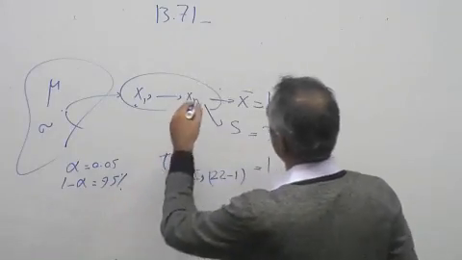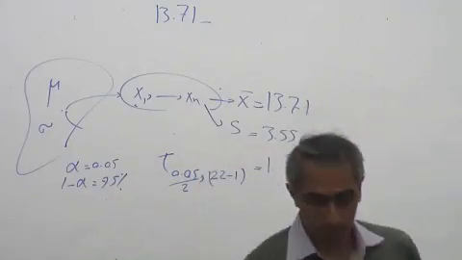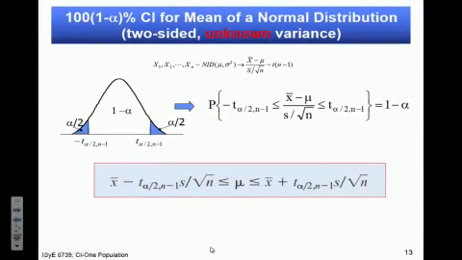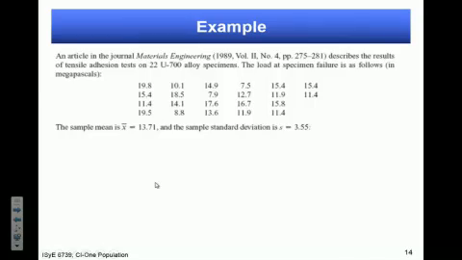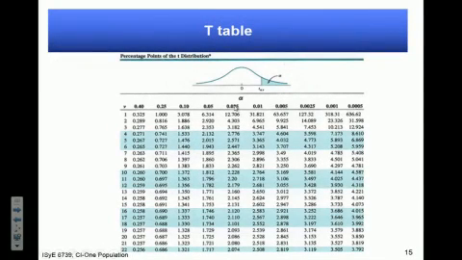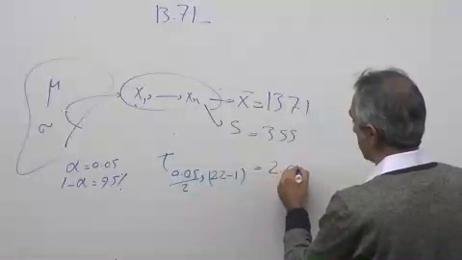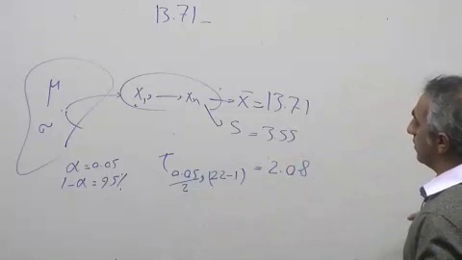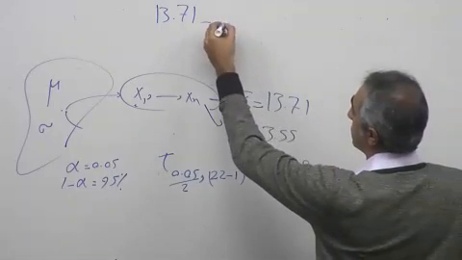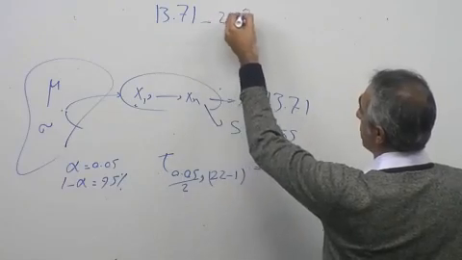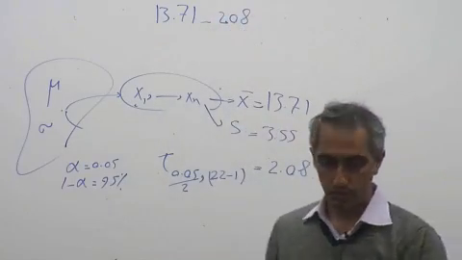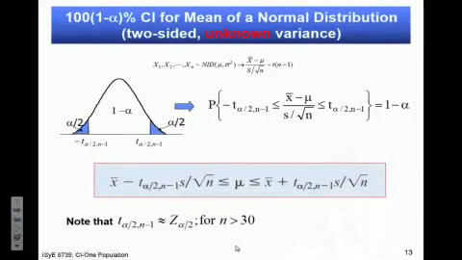I'm looking for T of alpha over 2. As you can see, T alpha over 2, which is 0.025, for 21 degrees of freedom is 2.08. Okay, so it's 2.08.